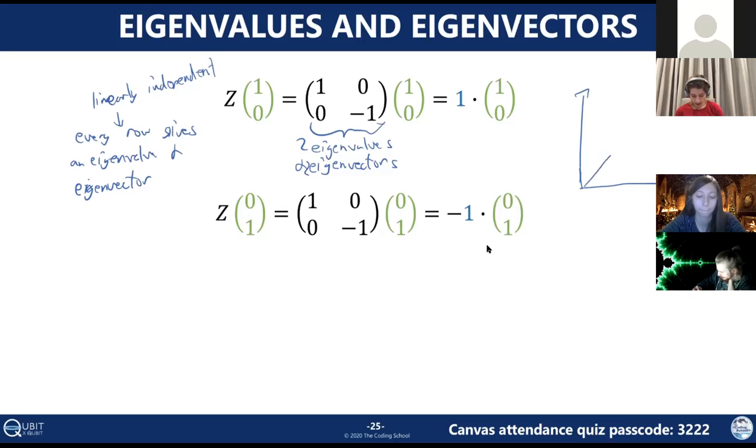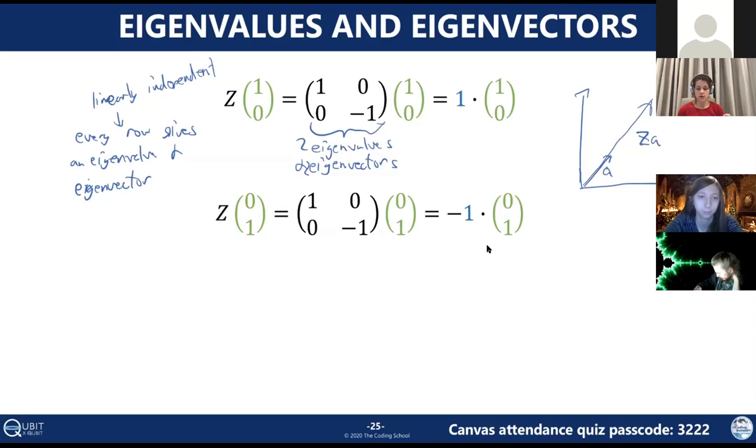When you apply a matrix to, let's say this is our initial state, normally we use a lambda for eigenvalues. I forget what the symbol is for eigenvectors, but I'll just say this is our A vector. If we multiply it by our Z matrix, ZA will always be pointing in the same direction.